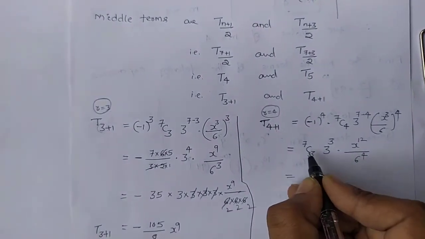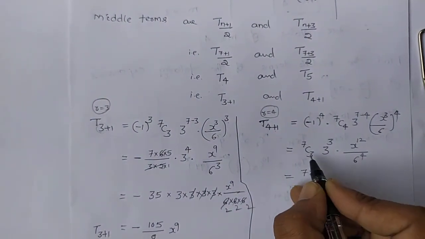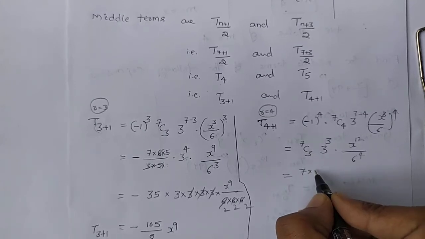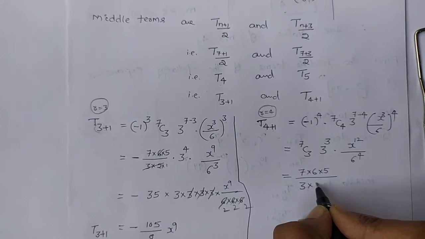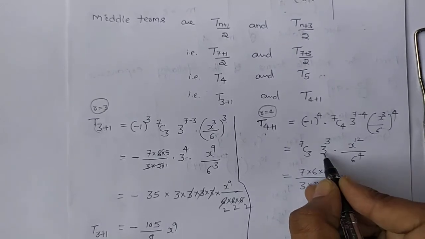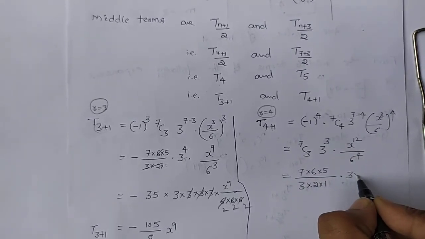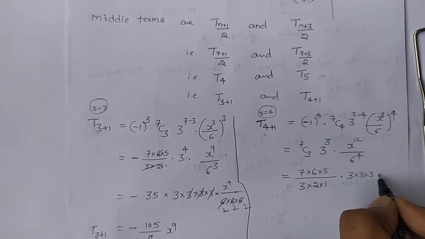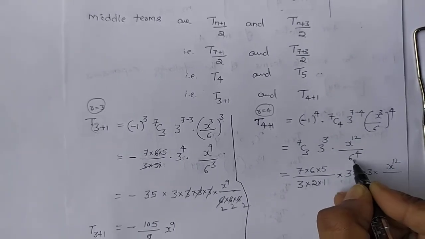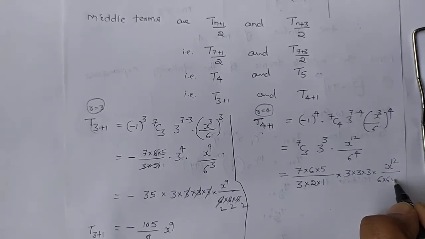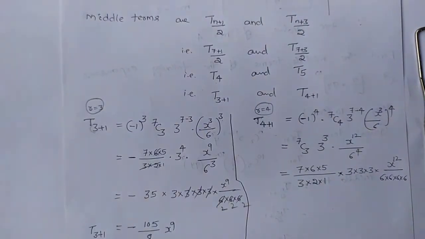That is equal to 7C3: 7 6 5 divided by 3 2 1, into 3 cube, which is 3 into 3 into 3, into x power 12 divided by 6 power 4, 6 into 6 into 6 into 6.